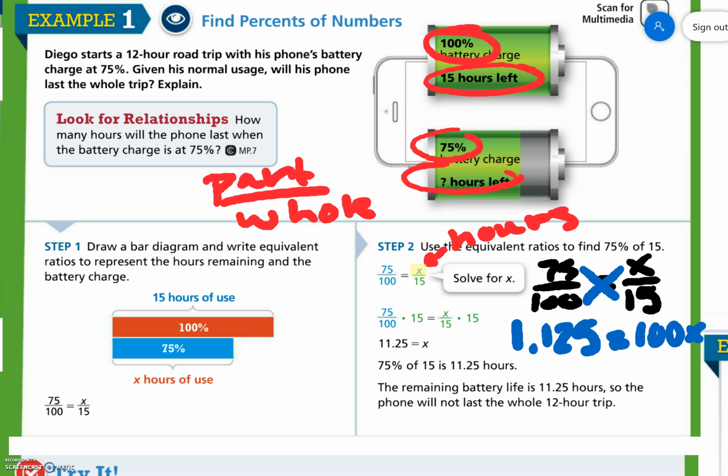Now we're trying to get x by itself. x is being multiplied by 100, so the inverse operation is to divide by 100. So then x equals 11.25, which is the same answer they got. So you can use either method. Now you have two strategies on how to solve this. So the remaining battery life is 11.25 hours, so his phone is not going to last the whole 12-hour trip.